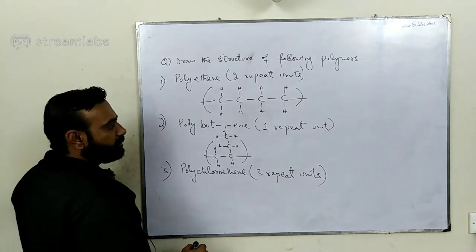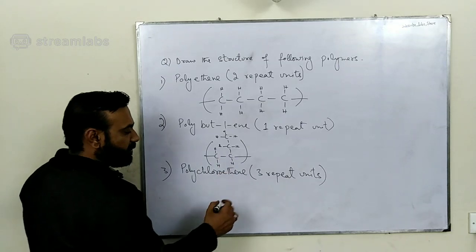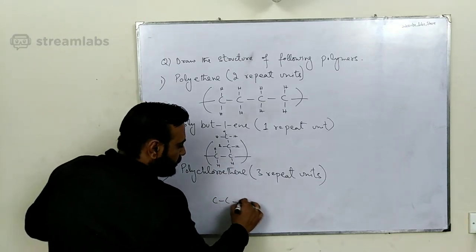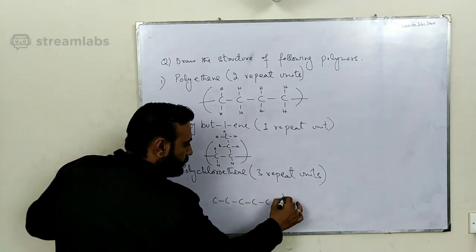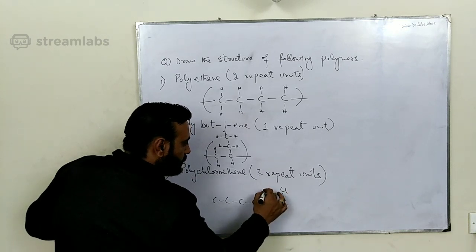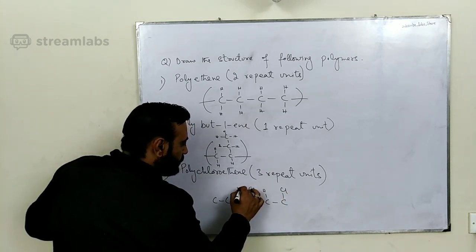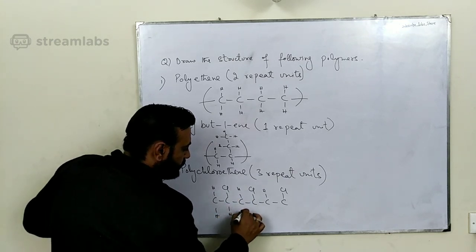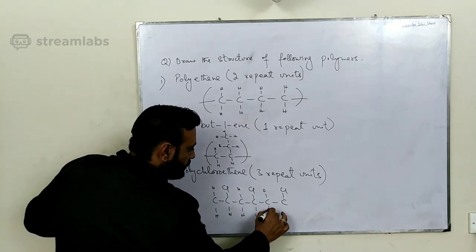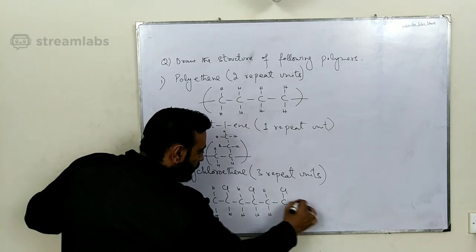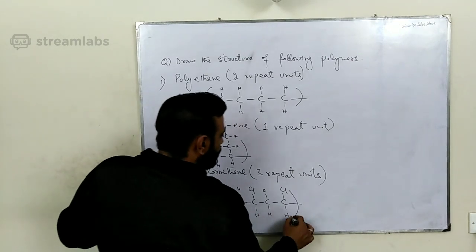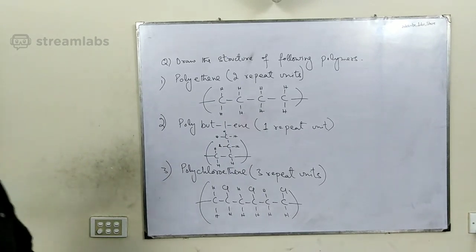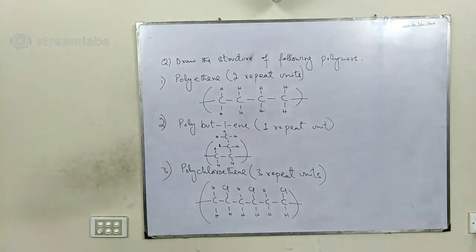Polybut-1-ene, 1 repeat unit. This is the structure. And polychloroethene, 3 repeat units. This is the structure. Check your answers, and if you have any questions, you can ask me now.